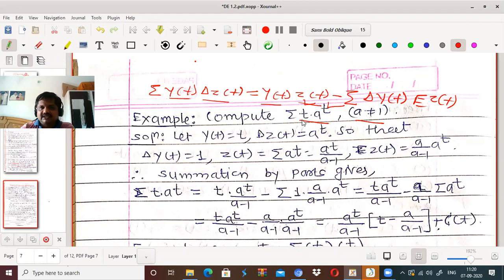So I will call this t as yt and a to the power t as delta zt. What we consider second function as delta zt. Now, which function to be treated as first and which as second? There is no general rule like integration by parts. In integration by parts, there was the LIATE rule, right?